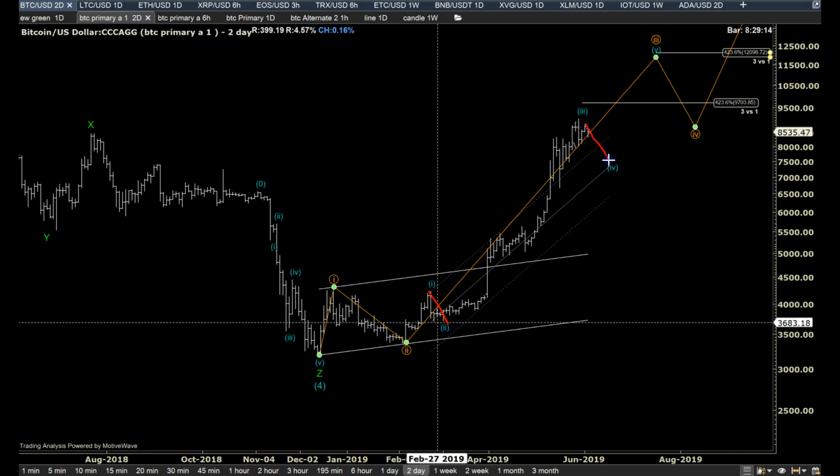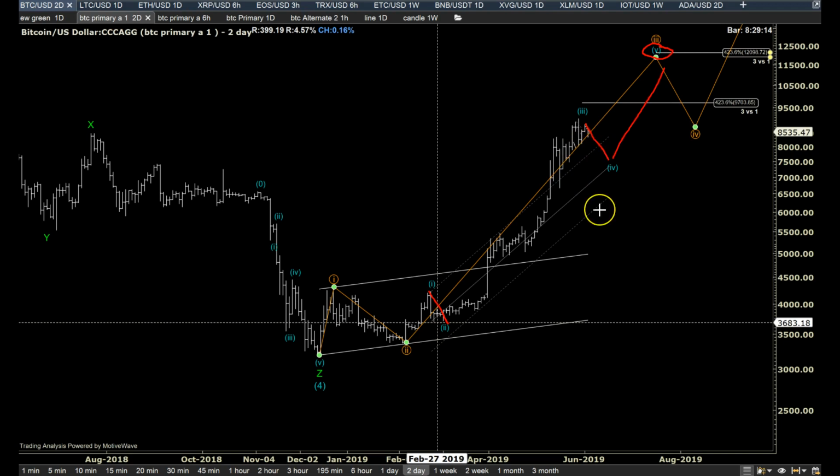So we're looking for something like this back here. This can develop into a triangle or a flat or whatever, just to get us this correction that matches the second wave up here to go up and complete this 5 blue in here.